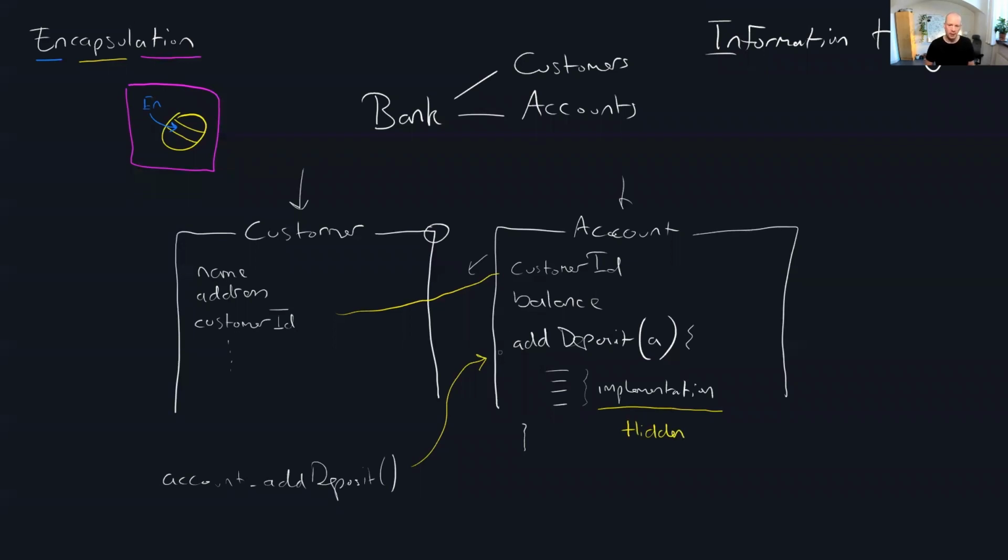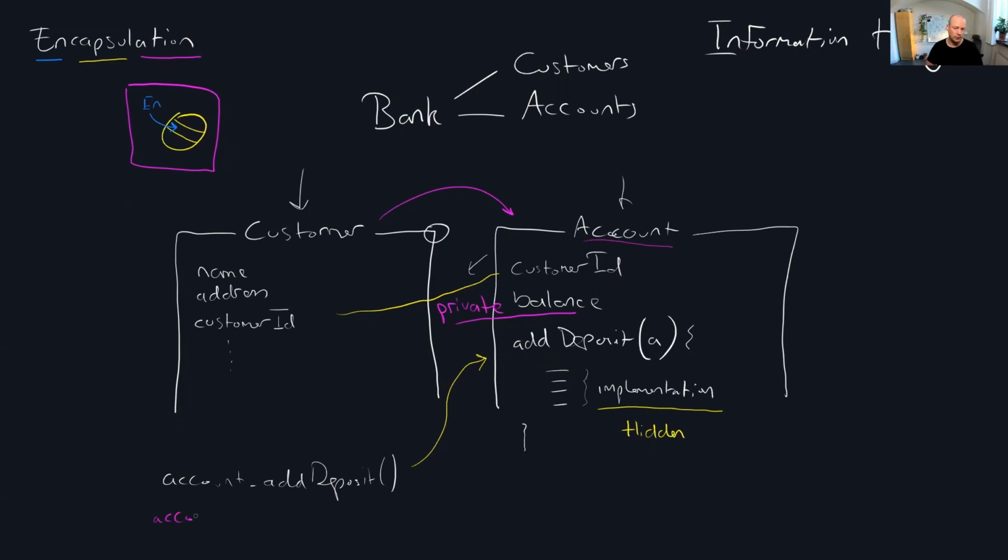The other part of this, and maybe I'll use a different color, is the access to information as well. It's a really good idea if you have a field balance that stores the balance of your account, that this is protected. Only the account class itself can access this field. You can't, as a customer, just randomly access balance.